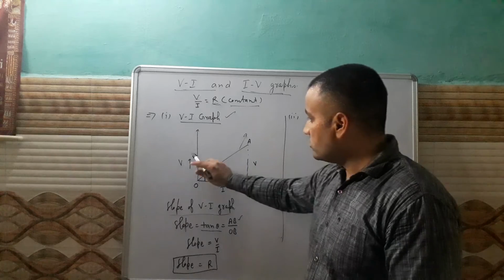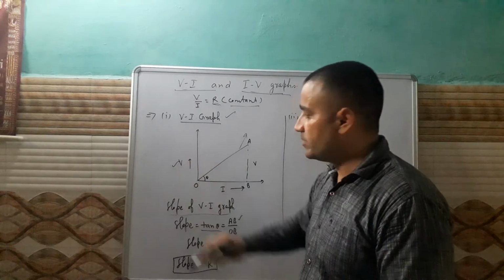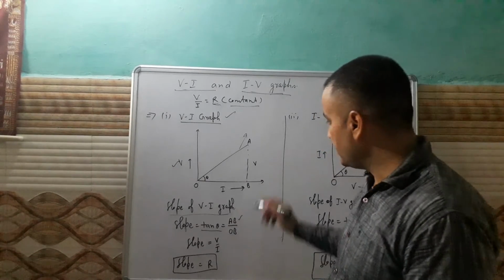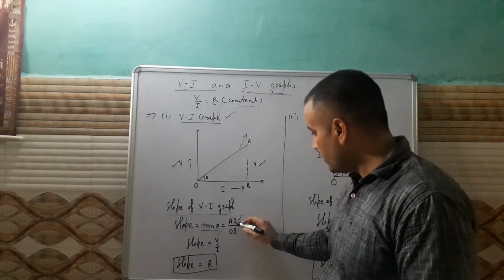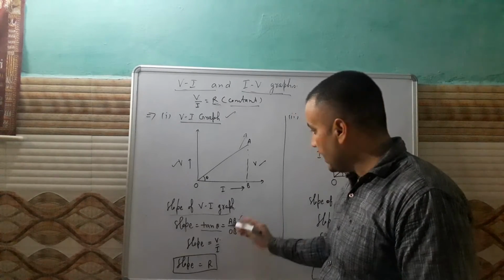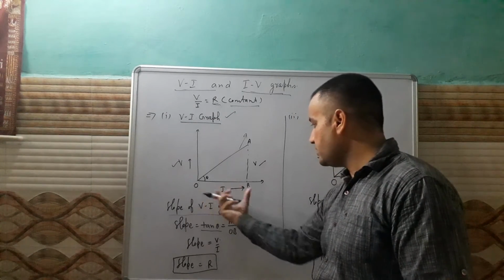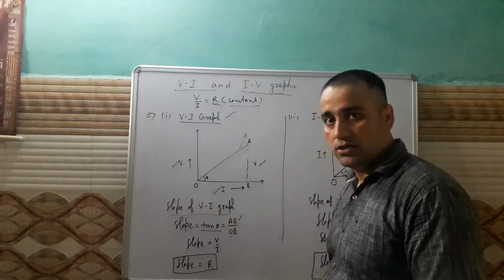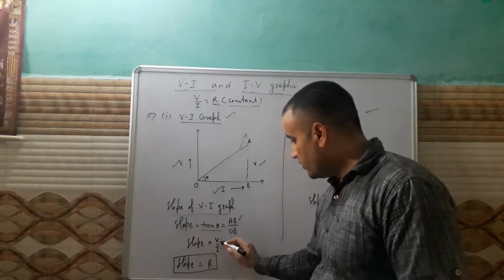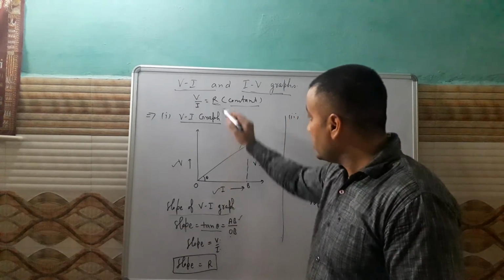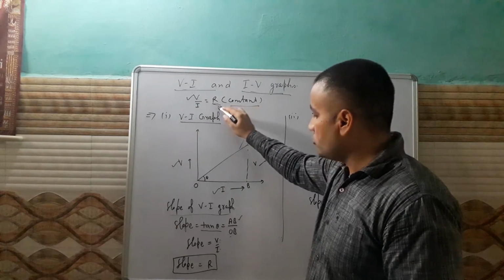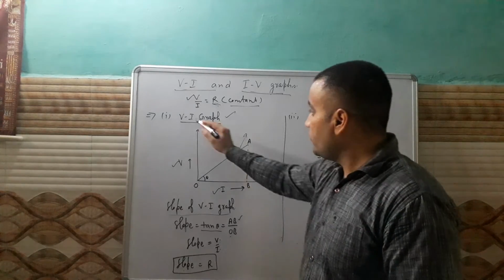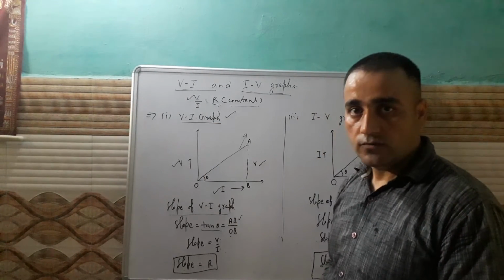As AB is parallel to the Y axis, and this axis is representing V, AB will also represent V. So in place of AB we can place V, and as OB represents the amount of current, we can write OB is equal to I. So the slope will become equal to V upon I. As V upon I is equal to R, the slope will be equal to R. It means that the slope of the VI graph is equal to the resistance of the conductor.